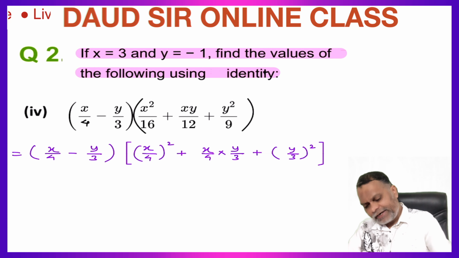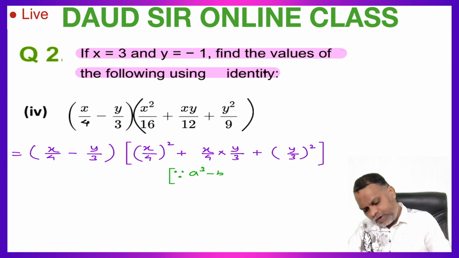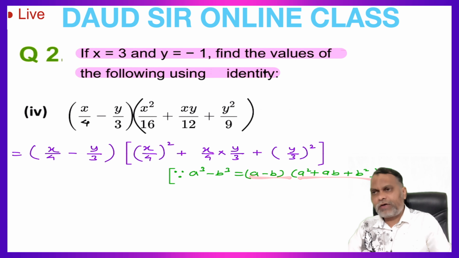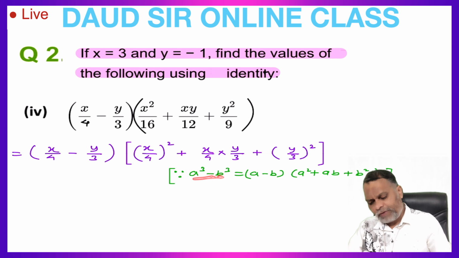Now we can use the identity here: a³ - b³ = (a - b)(a² + ab + b²). This identity we can apply here. (a - b)(a² + ab + b²) can be written as a³ - b³. This is a² + ab + b², and this is a - b.